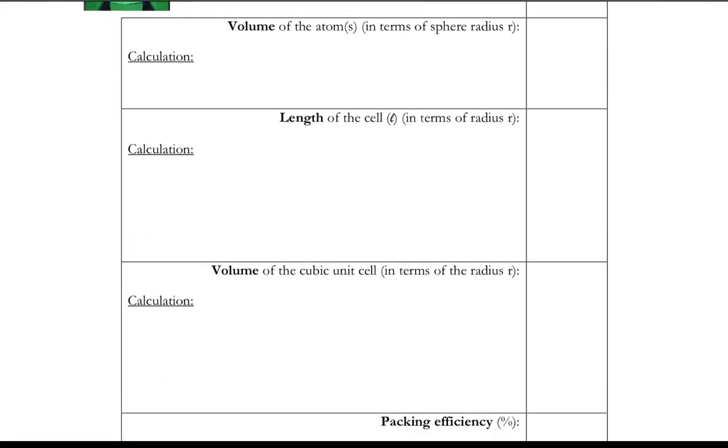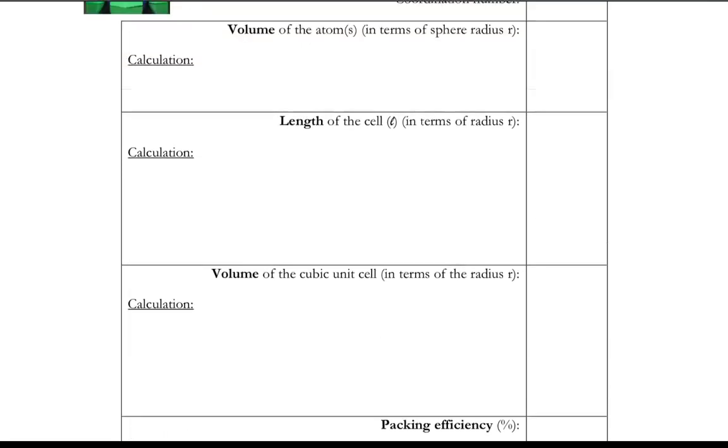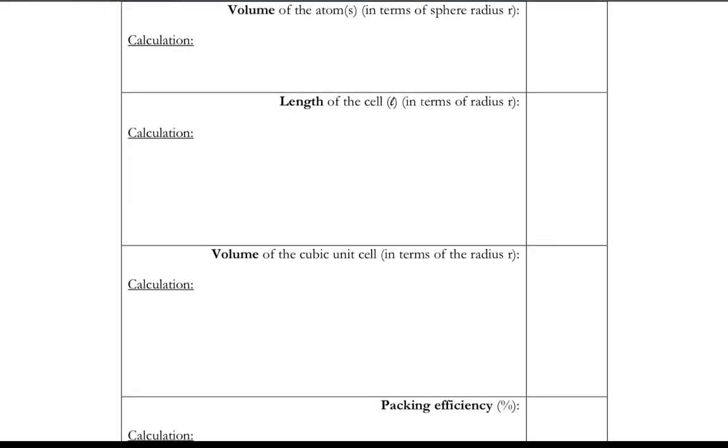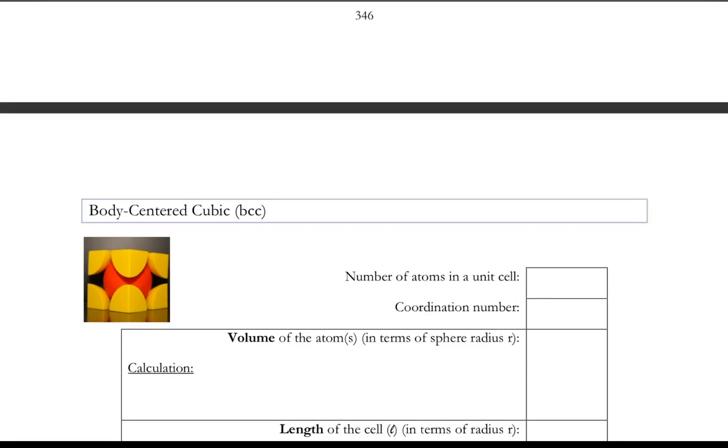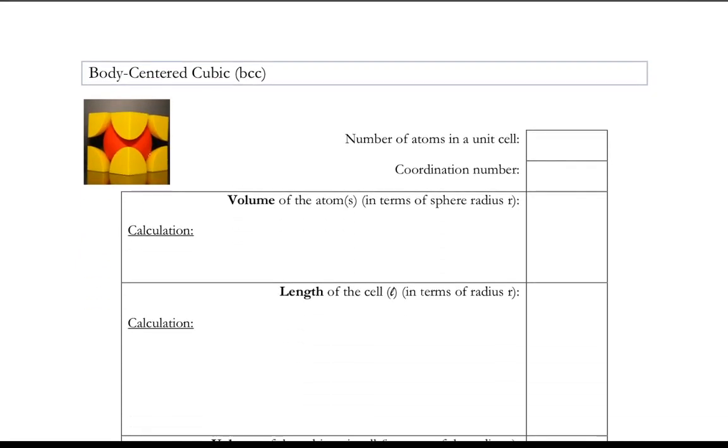Then the volume of the unit cell, which is whatever you have for the length in the above one in terms of r, cube that. Packing efficiency, so that would be the volume of the atoms divided by the volume of the unit cell times 100. Do the same thing for body-centered cubic.